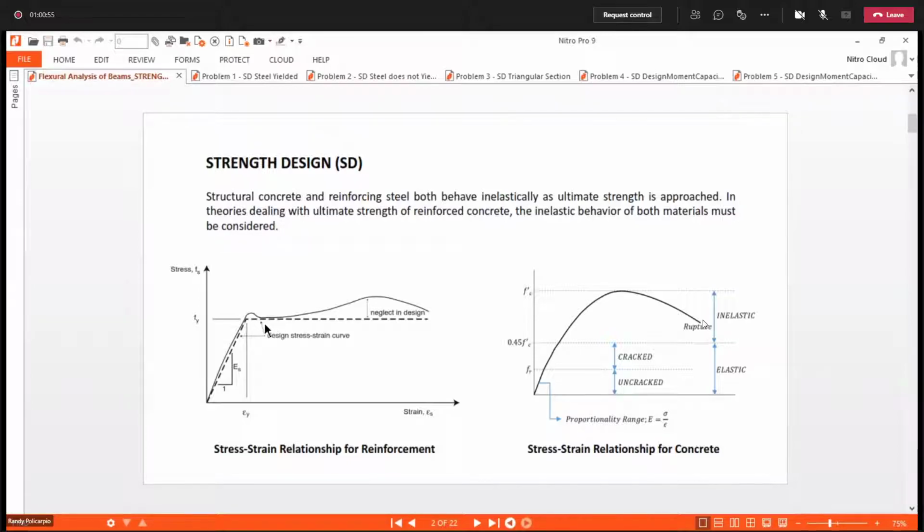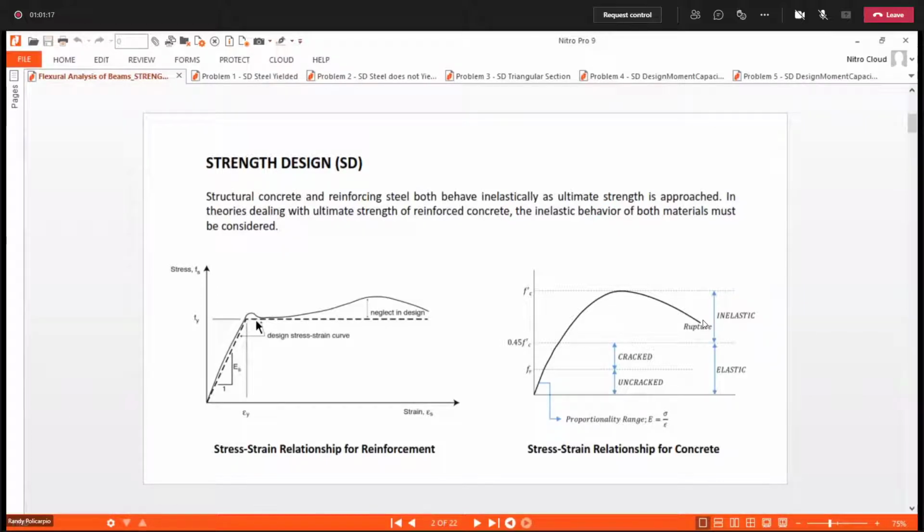Anong ginagamit natin is the yield. Kaya mapapansin nyo dito itong dash line, it represents now here the stress strain diagram of our steel when we analyze or design a reinforced concrete member.